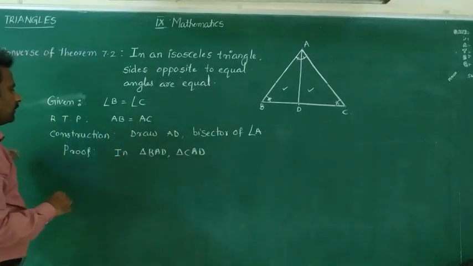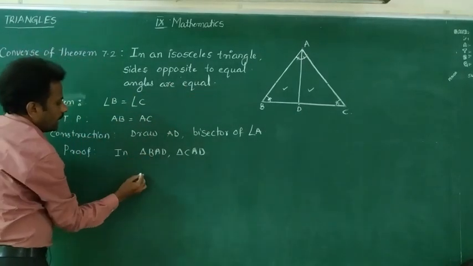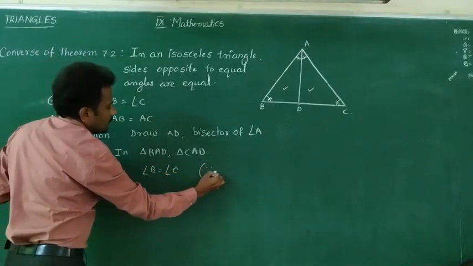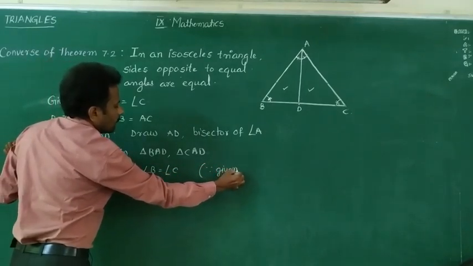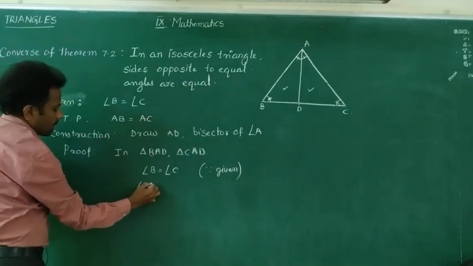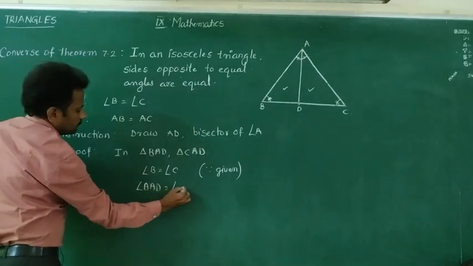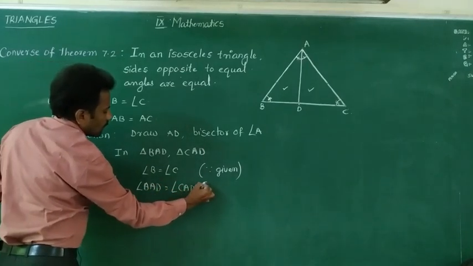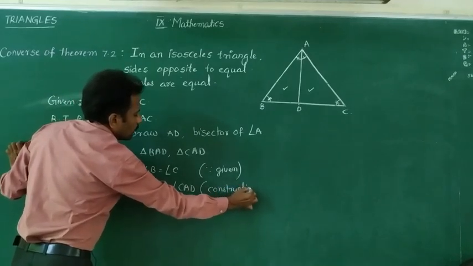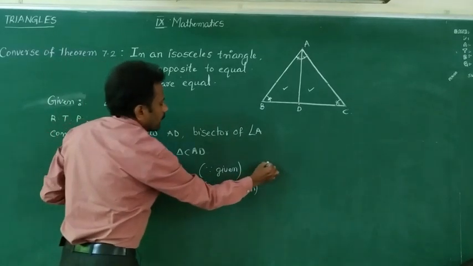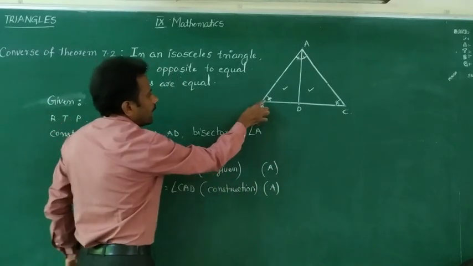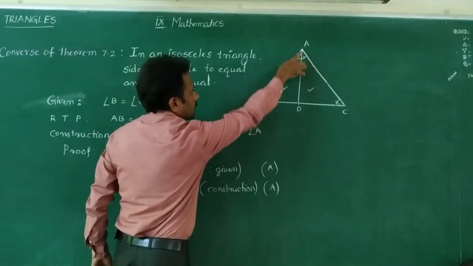But side, side, angle doesn't hold true. So let us see now. First we have taken angle B equals angle C because it is given. Next angle BAD equals angle CAD from construction. So thereby we have got two pairs of corresponding equal angles. Next comes the side, that is AD.